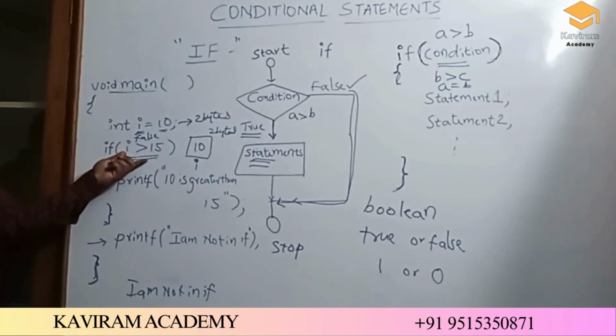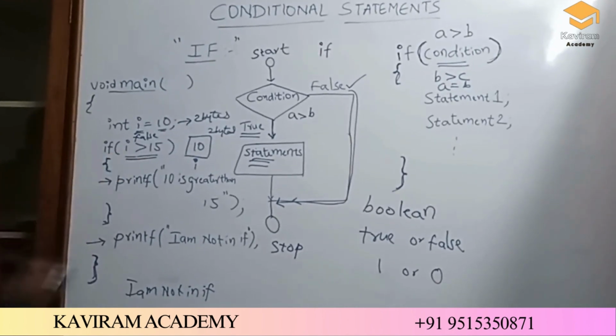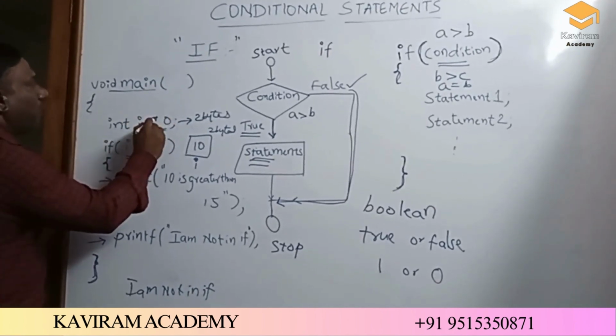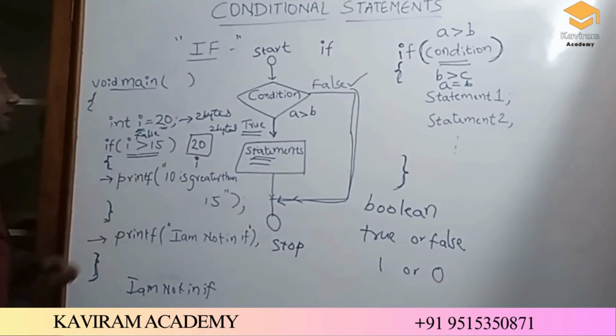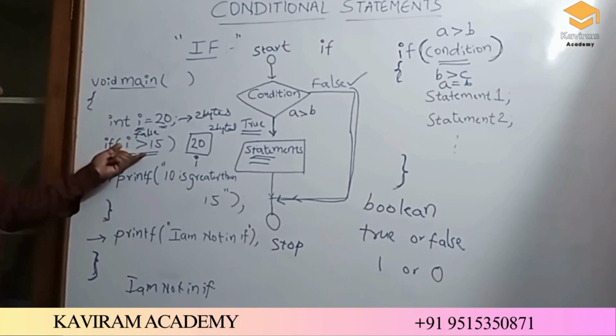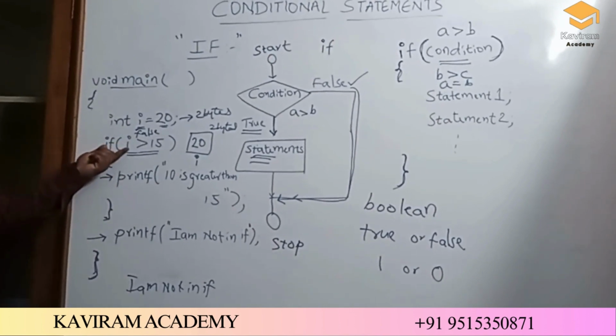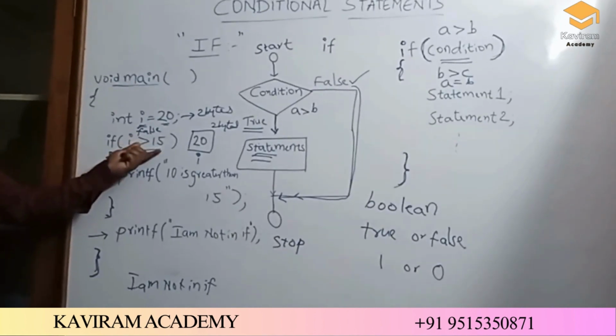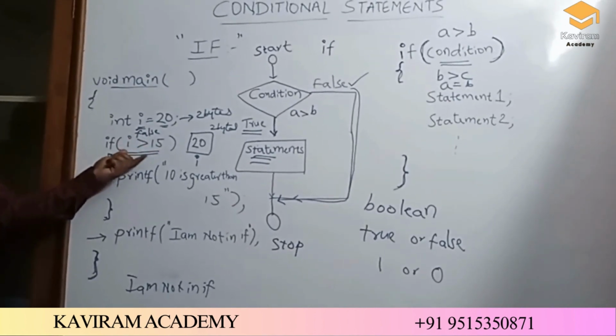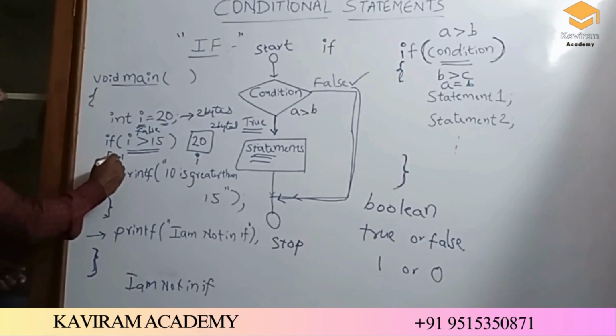But if I take my variable as 20, so the value 20 is assigned to my variable I. The condition is I greater than 15, 20 greater than 15, yes, the condition is true. So my if will return a true boolean value.